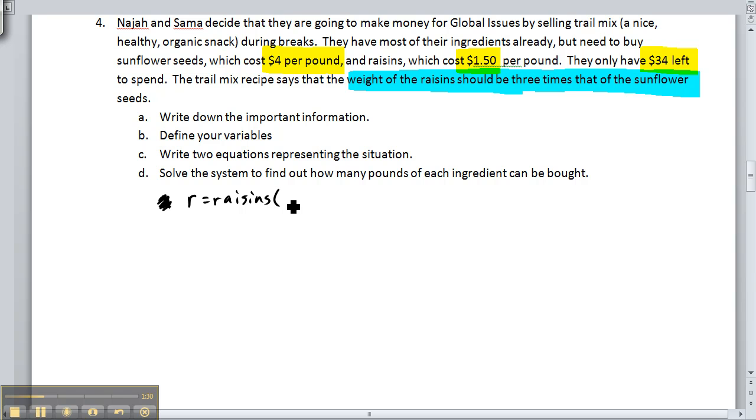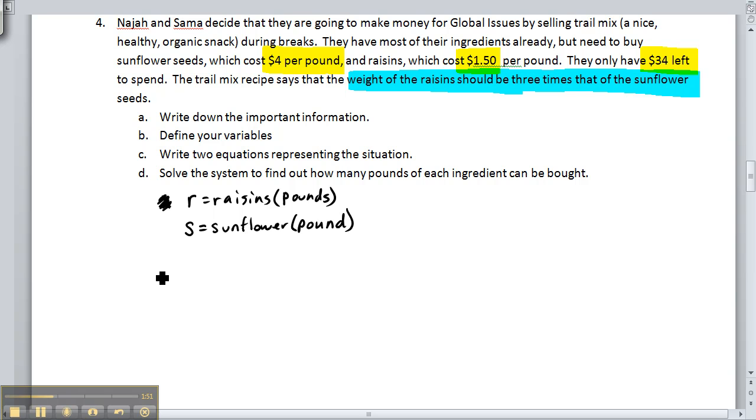This is the weight, the number of pounds. The other one is sunflower seeds, so I'm going to use an S for sunflower. Again, this is the pounds, and I need to specify that, otherwise I might get in trouble later.